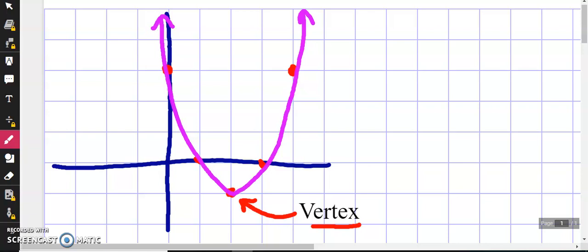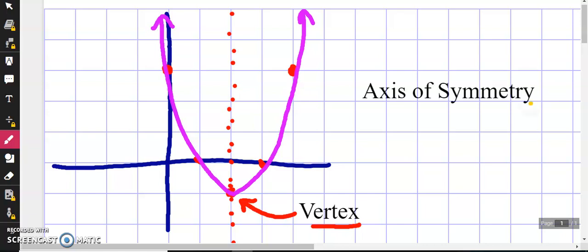There's always going to be an imaginary line that splits our parabola in half, and that imaginary line is our axis of symmetry. So the vertex point always hits the parabola at the axis of symmetry.